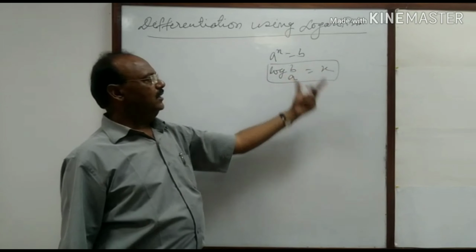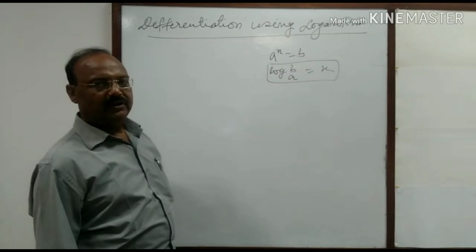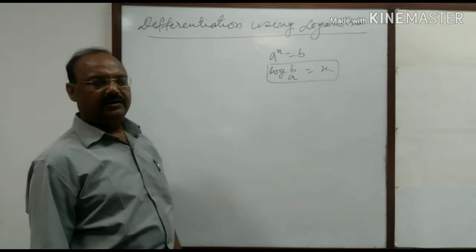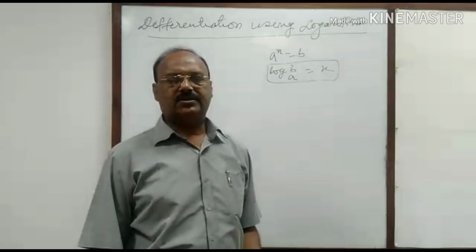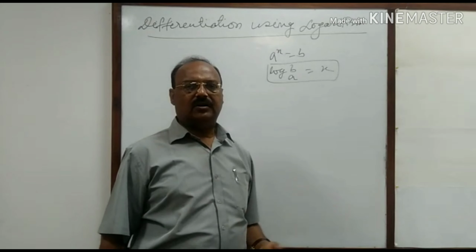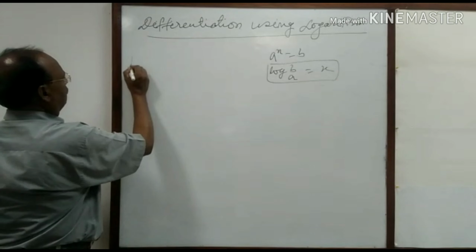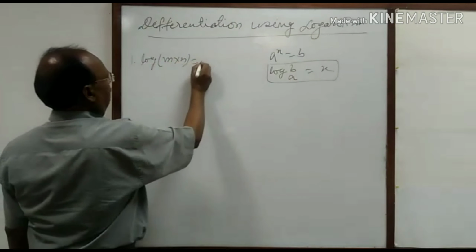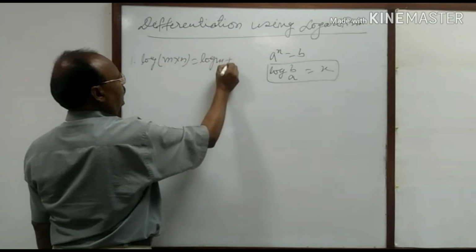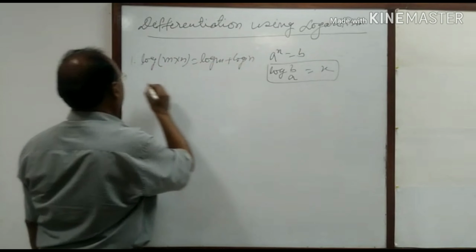So in this way, the log of a given number or given expression can be defined. And there are some basic formulas based on logarithm that we must recall. First, log of m into n is equal to log of m plus log of n.